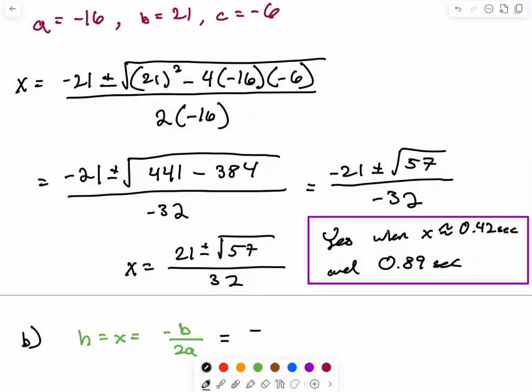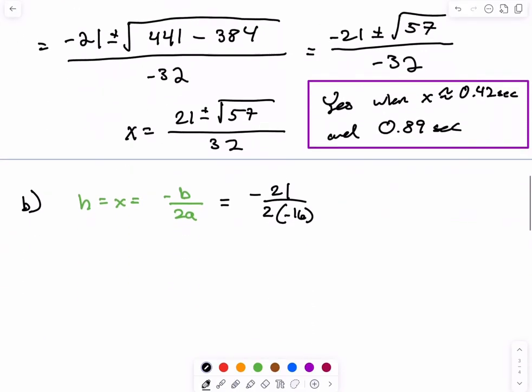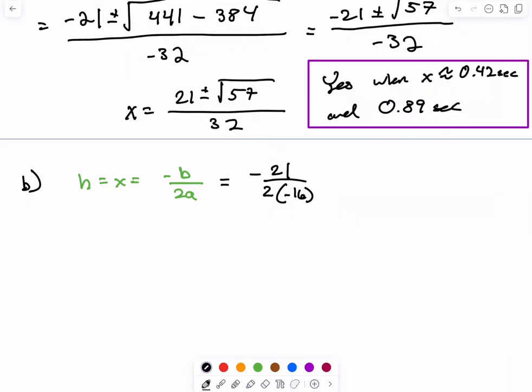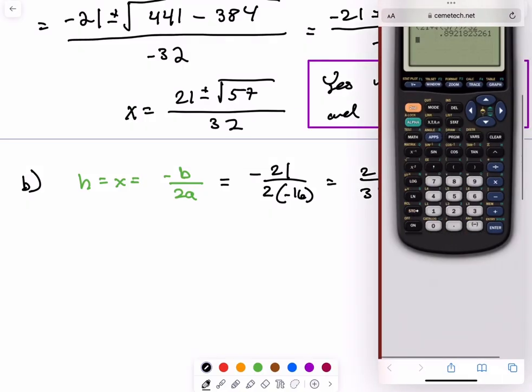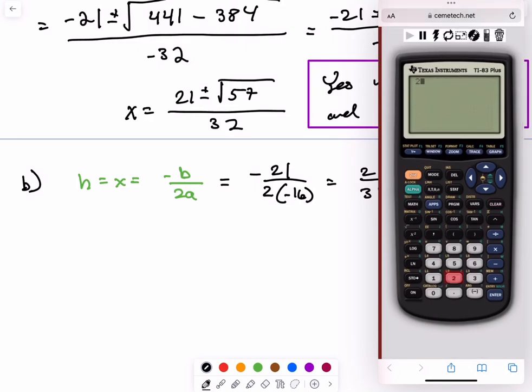That should be a negative 21 over 2 times negative 16. Double negative is positive. 2 times 16 is 32, right? So then we have 21 over 32, 7 and 3. I guess that does not reduce down. Let's do 21 over 32.